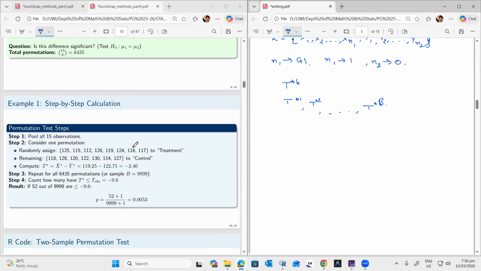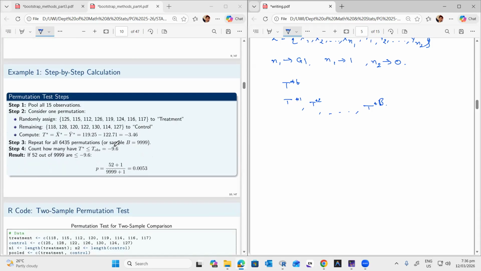We are going to apply the permutation test. We pool all 15 observations and consider one permutation, randomly assigning some observations to treatment and the remaining to control.